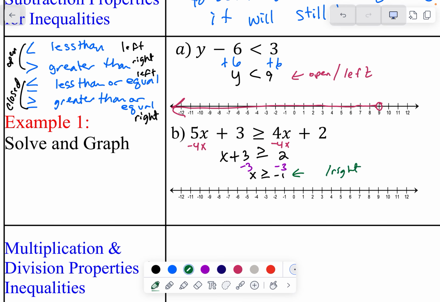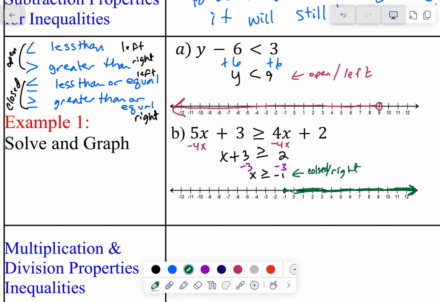The equal to is telling us we're going to make a closed end dot. Okay? So that symbol, once we've solved for it, then you decide, does it have the equal to? Make it a closed dot. Are we going less than, greater than? Less than will shade to the left, greater than will shade to the right. So go to -1, put a closed end dot. And then if you could, please, you would shade to the right. Okay?